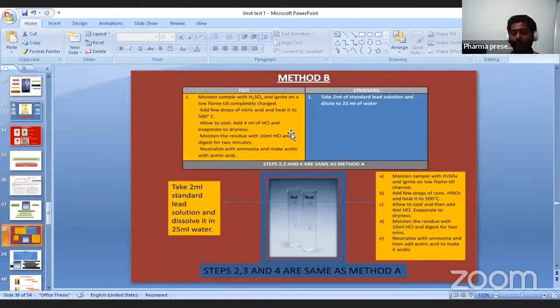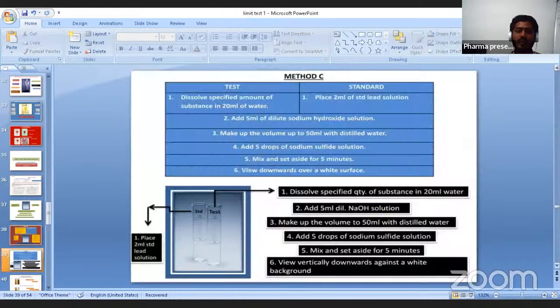Heat it, allow it to cool, add 4 ml of HCl, evaporate to dryness, then the whole residue will be digested with HCl for 2 minutes, neutralize, and make it acidic with acetic acid. Okay, so in this way we'll be doing the first step. Then the next steps will follow method A. So in this way, we have different methods that will be performed in order to get this heavy metal test completed.